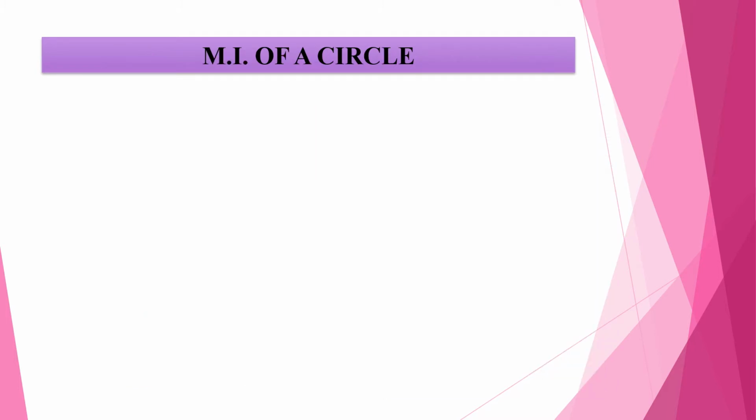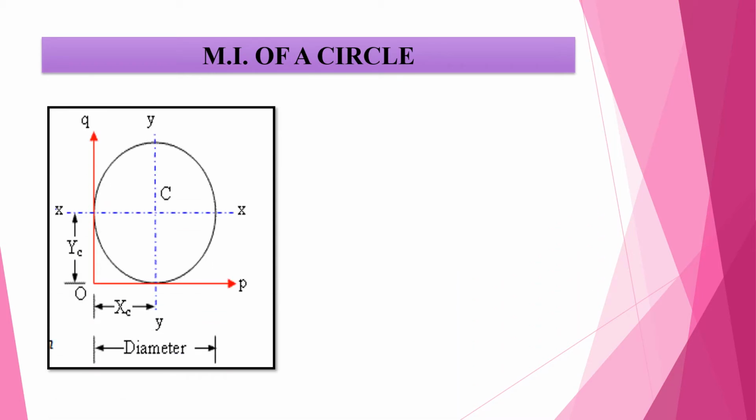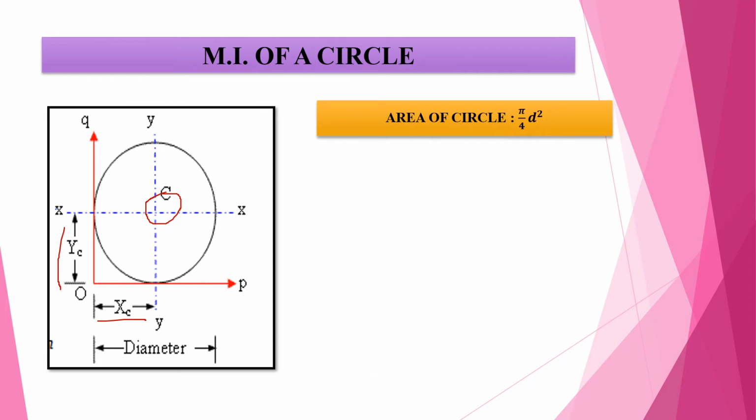Then the third standard shape is a circle. This is a circle having d as the diameter, C is the center of gravity, which is located at the intersection of the x-x axis and y-y axis, and xc and yc are the distances of the centroid from the respective axes. The area of a circle is given as pi by 4 d square.